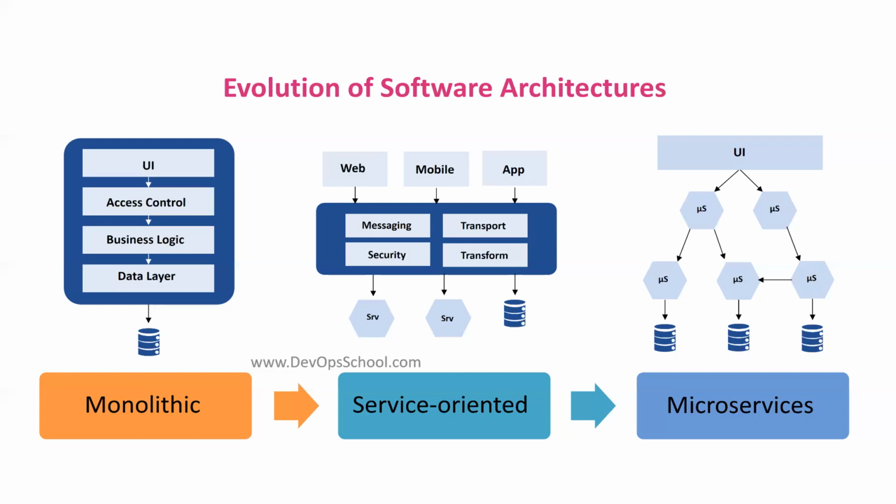Yeah, probably I can talk a little bit about this. We all know how monolithic applications used to work. Everything resides in the same code base, and all the services were wired together.